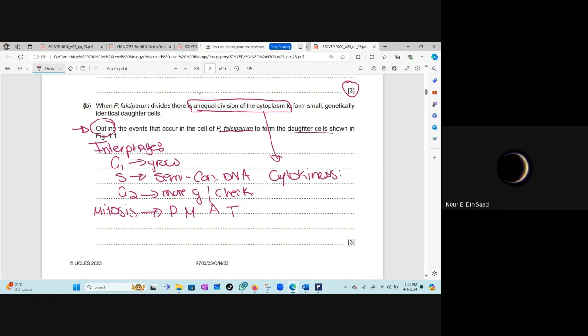The cytoplasm shrinks from the middle of the cell. Okay, don't use the word shrinks. What do we use? What does it form? The cell membrane contracts. It forms a cleavage furrow.